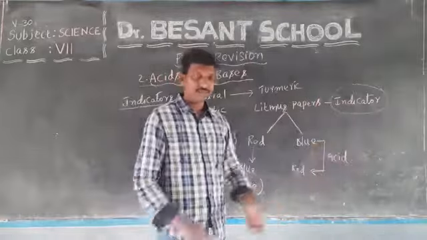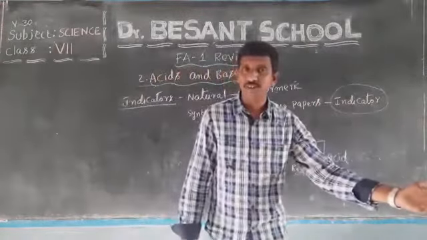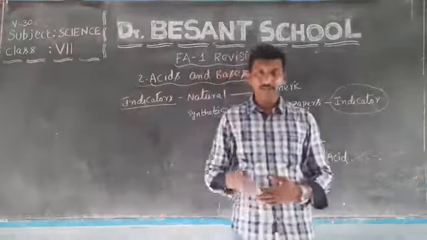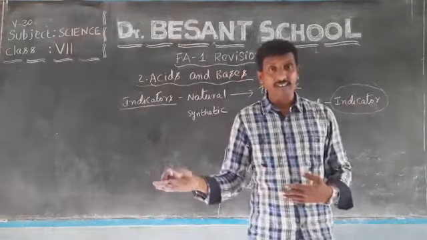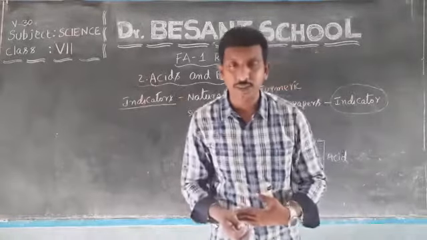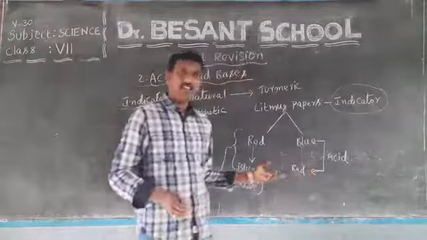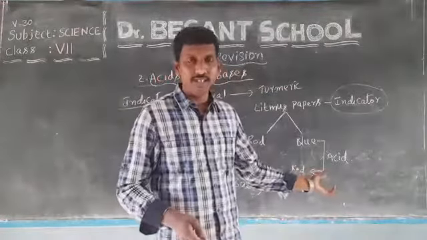Do you understand? So if a litmus paper which is red in color turns to blue, then the substance is basic. Very good. If a blue litmus paper turns to red when it is treated with a substance, then the substance is said to be acidic in nature. These two are good indicators which help us.